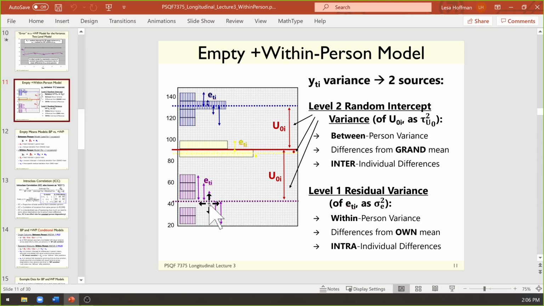Why is this year different than last year? That's E level 1 within person residual variance, intra-individual differences, the part that only longitudinal data can get you. And those differences in the outcome are explained by time varying predictors. So predictors that also are measured at each occasion can explain why some outcomes are higher or lower at particular occasions. So yes, indeed. Yeah, we don't need subscripts in the chat window.